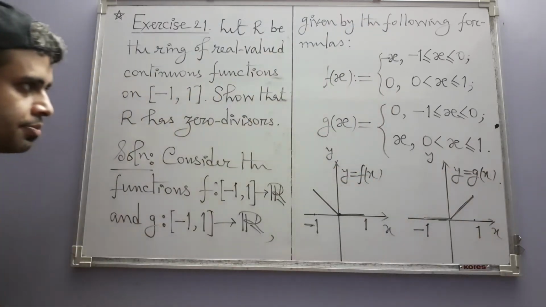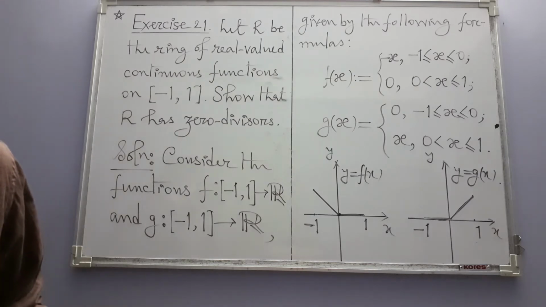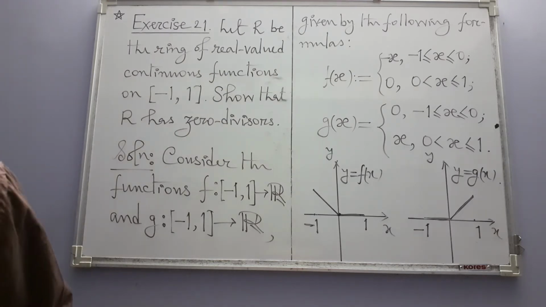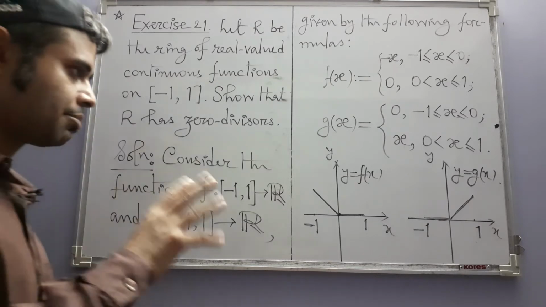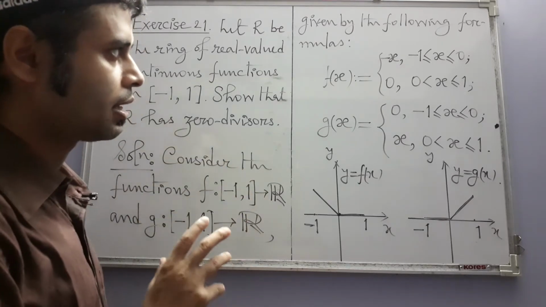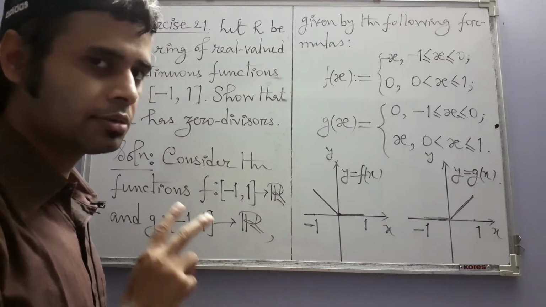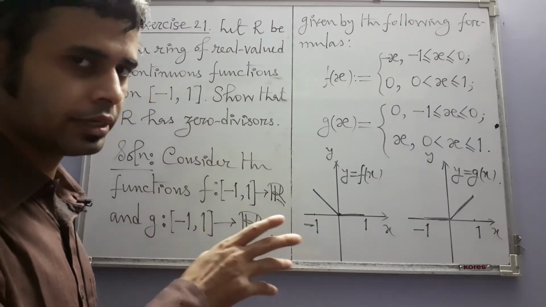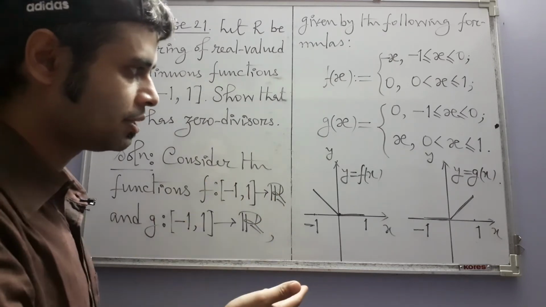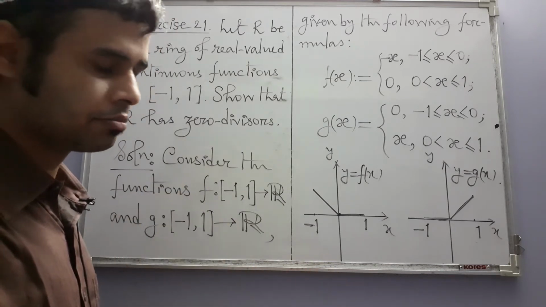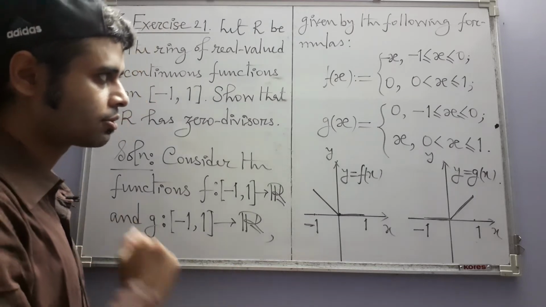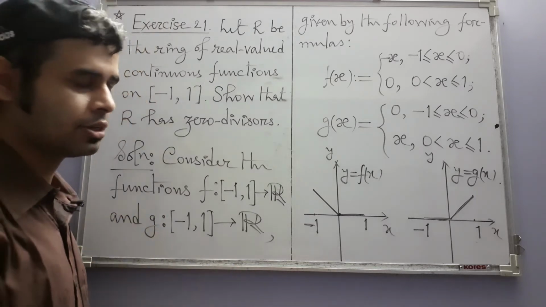But I repeat that you have to rigorously prove or somehow justify that these functions are continuous, either by using the definition of continuity as such, or you use the sequential criterion for continuity, or there are other ways also.